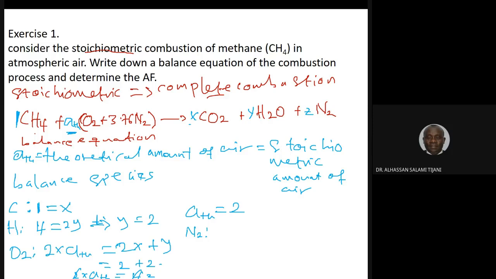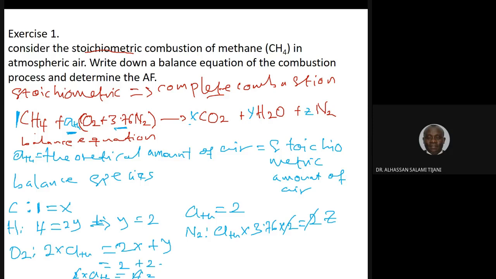Here we have ATH times 3.76 times 2. This gives me 2Z. You understand? So 2 cancels 2 over here. I know my ATH to be 2.